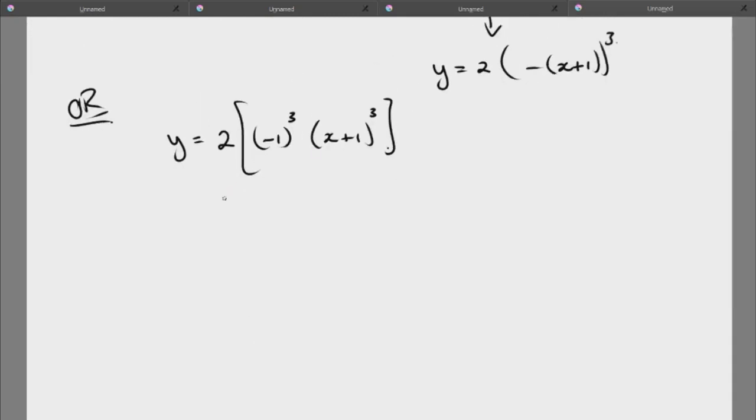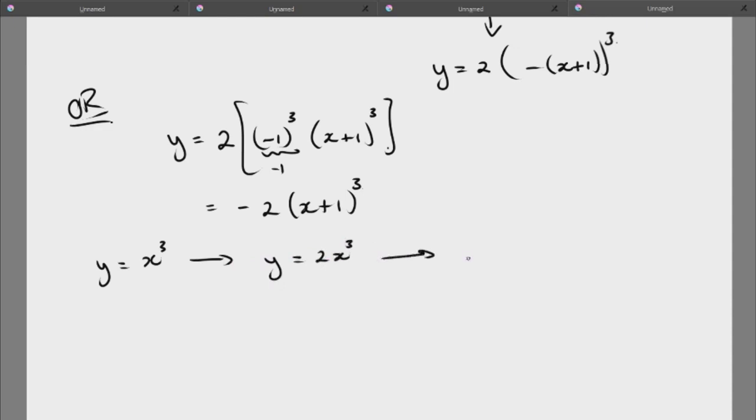Which means I can put this negative 1 with my 2, and I have negative 2 times x plus 1 cubed. And then my transformations are still 2 to the right-hand side, the negative is now applied to the whole right-hand side, and then my replacement of x with x plus 1.